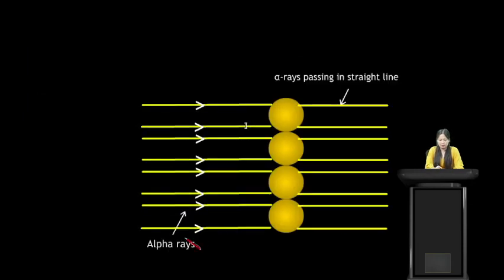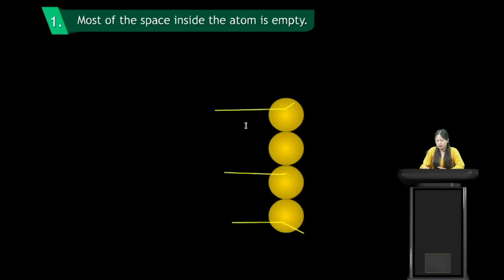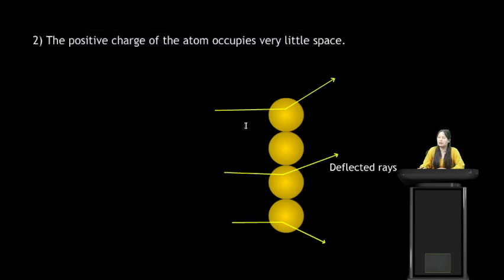So here most of the alpha rays pass through in a straight line. From this he inferred that most of the space inside the atom is empty. He also observed that some of the alpha rays got deflected. From this he inferred that the positive charge of the atom occupies very little space.